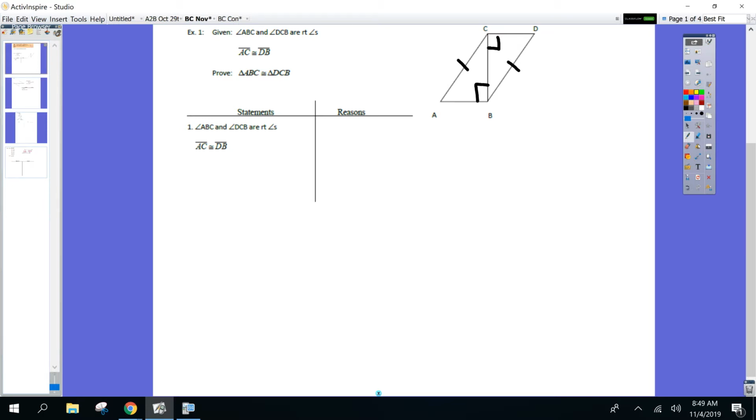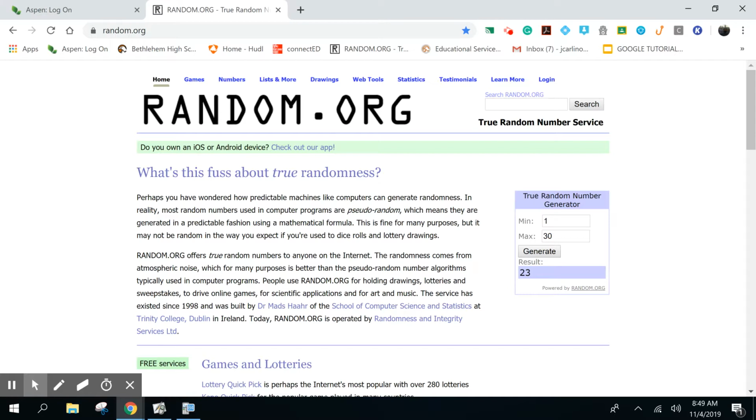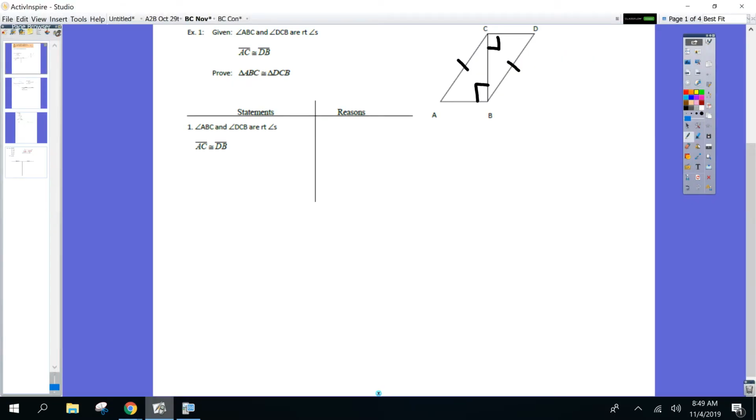What else could I still mark on my diagram that was not given, but I know is 100% true? CB, yep. CB is reflexive. All right, let's talk. Why is this HL and not anything else? Because again, don't think right angles equals HL. Doesn't happen.